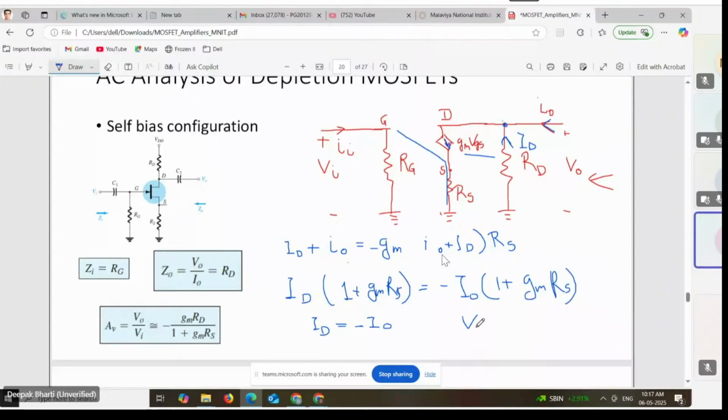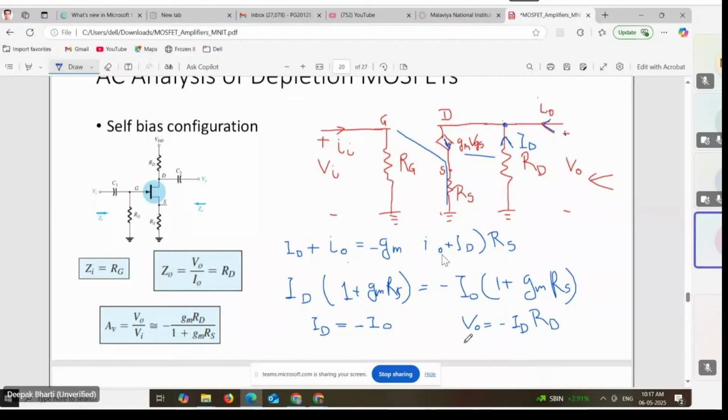Now what is V naught in the circuit? Since the ID current is going upwards, V naught should be equal to minus ID RD. V naught is the output voltage appearing across RD.